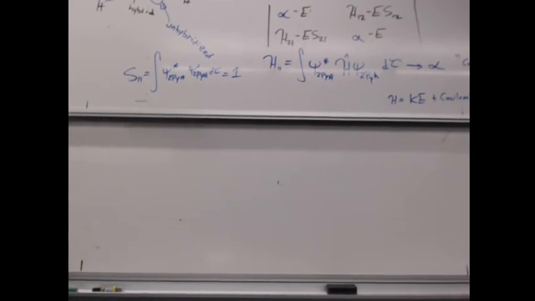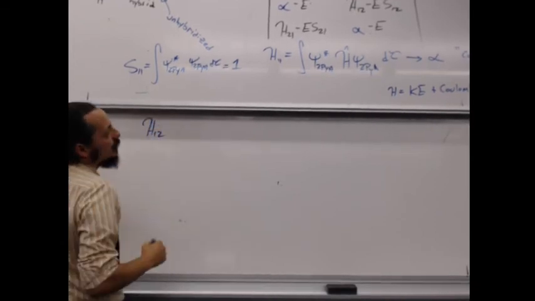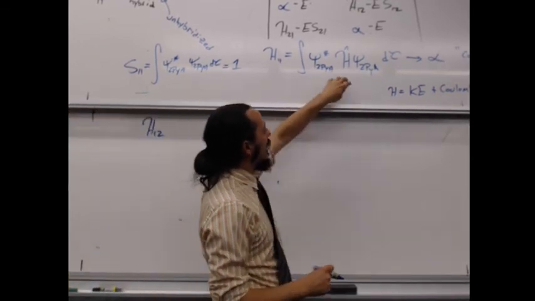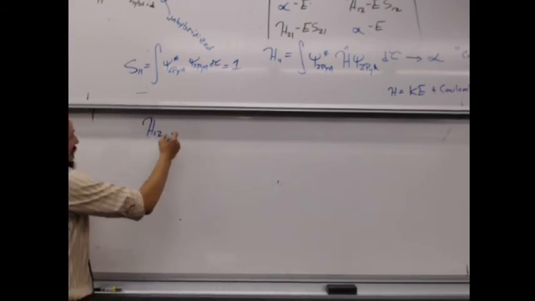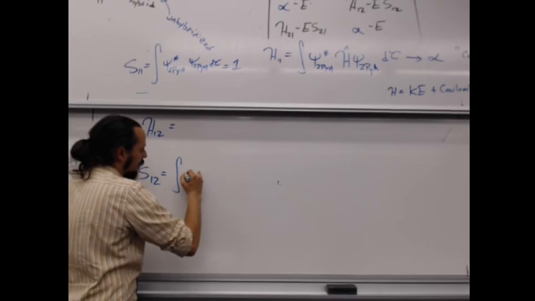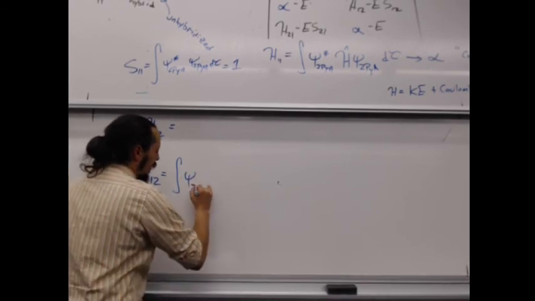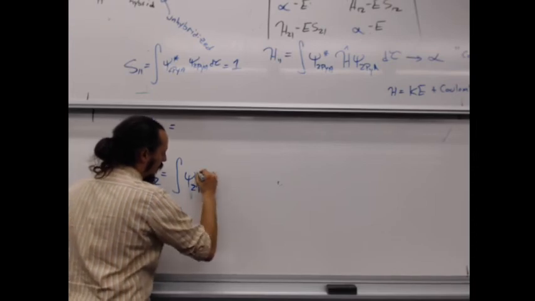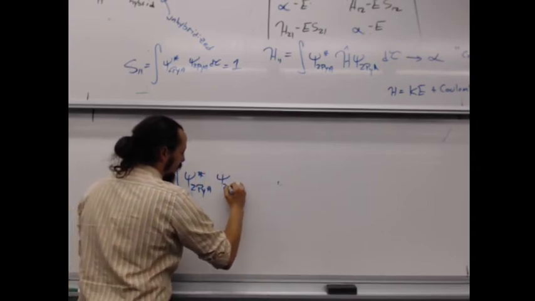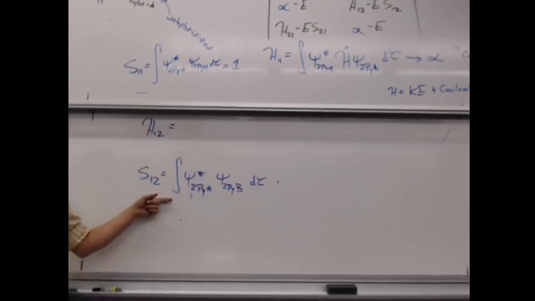H12 and S12 are the two that we still have to do. H12, we're going to have the same thing, except it's going to have an A and a B. But the thing I really want to get to is the S12, because we're going to have an S12 in the H just like we did before.